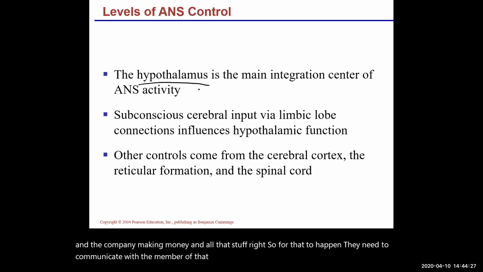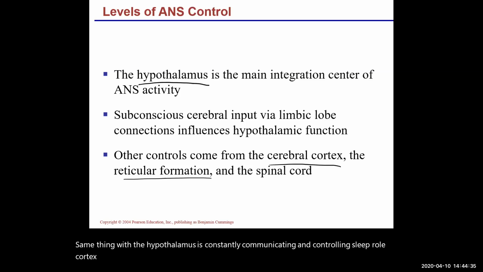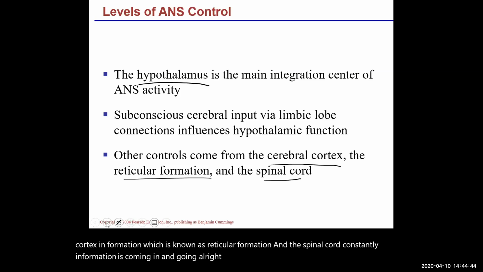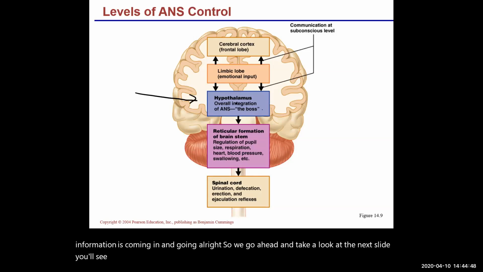Same thing with the hypothalamus. The hypothalamus is constantly communicating and controlling cerebral cortex information, which is known as reticular formation, and the spinal cord. Constantly information is coming in and going. All right, so if we go ahead and take a look at the next slide, you'll see the hypothalamus, also known as the boss.